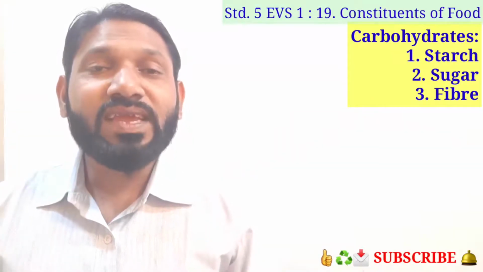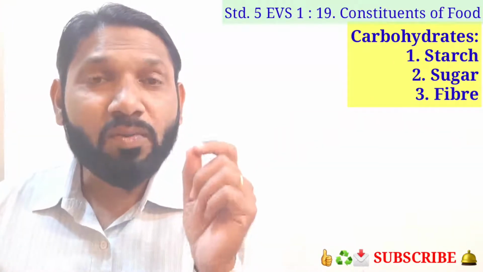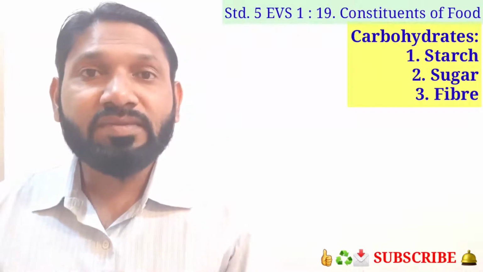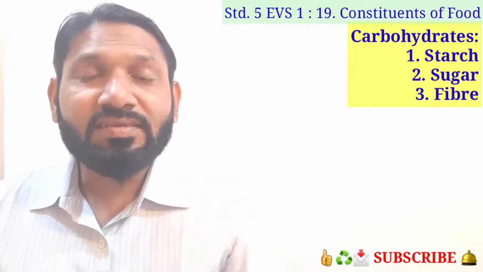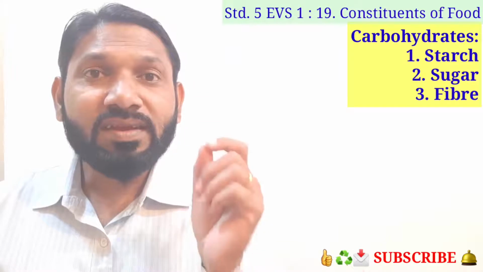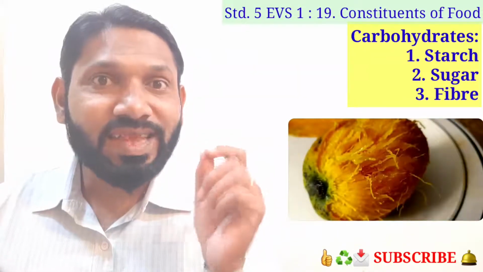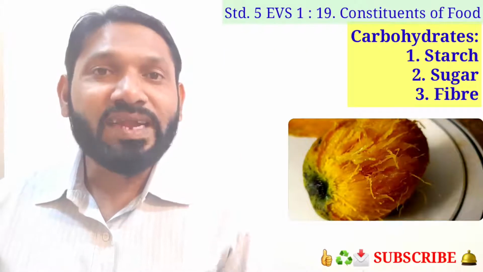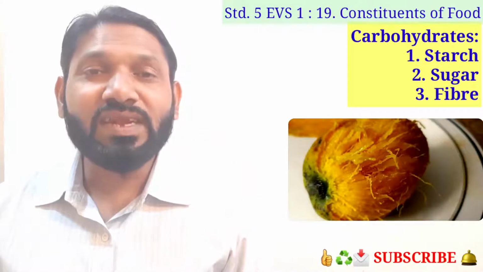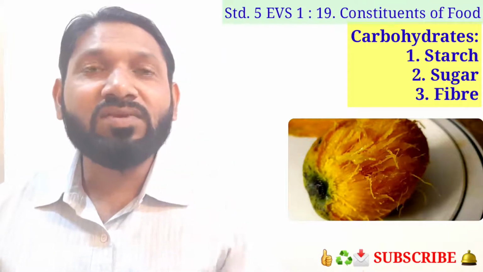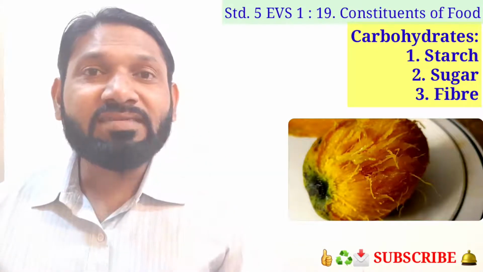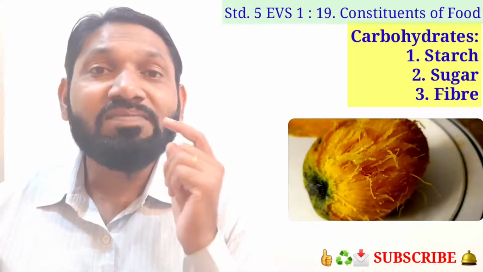Students, when we eat certain types of mangoes, sometimes threads get stuck between our teeth. Which kind of carbohydrate is that? You might have experienced, most of the time while eating mangoes, some thread-like substance stuck between the teeth.